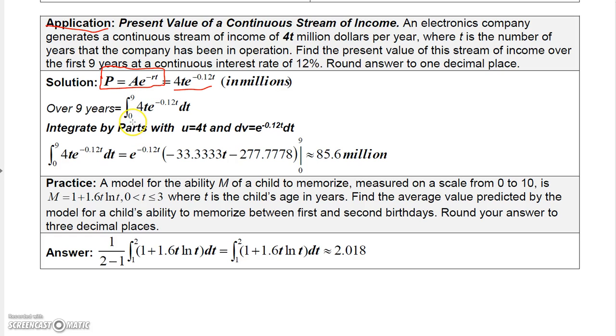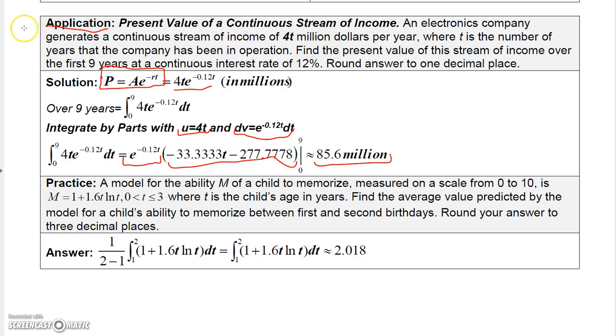Now, you can actually evaluate this with parts. Let u equal 4t and dv equal this. And then you can calculate du and v, but when I put it together, I'm actually going to get this answer, e to the negative 0.12t, and then I'm evaluating from 0 to 9, and so I get this, and when I evaluated it, I got 85.6 million.